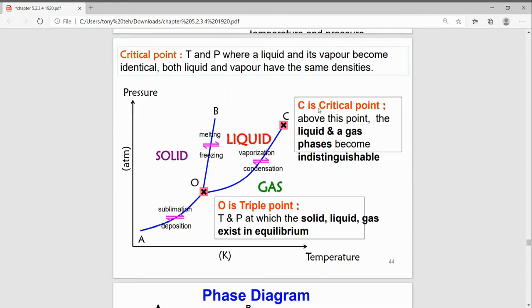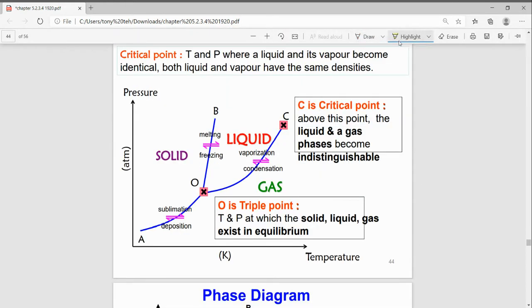Now, next one is the critical point. The critical point is C here, where it is indistinguishable between the liquid and gas phase. Next one is the triple point. Triple point is the temperature and pressure where solid, liquid, and gas exist in equilibrium. So this one, X, is the triple point.